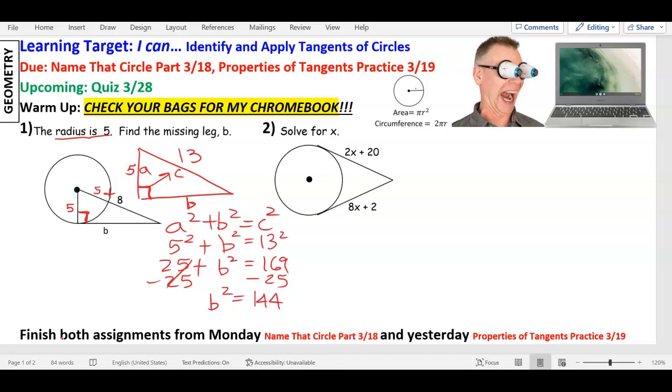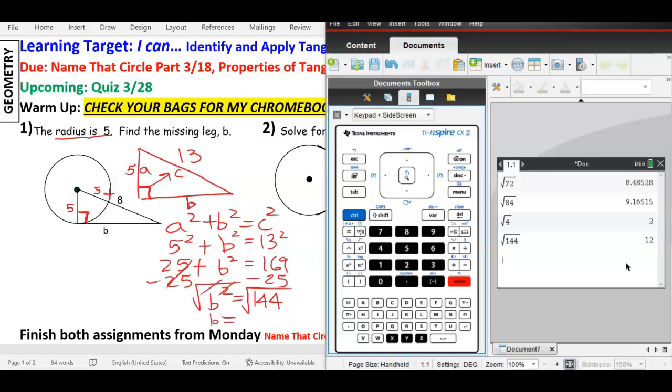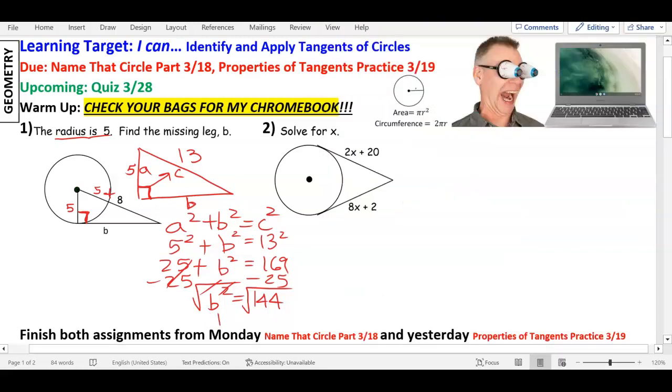And like we said yesterday, the last step to get rid of a square is to square root. So again, to get rid of a little square, you have to square root. So square root here, and that gives us B equals, and maybe you know what the square root of 144 is. It'd be good to know, but if you type it in your calculator, you get 12. So B equals 12.